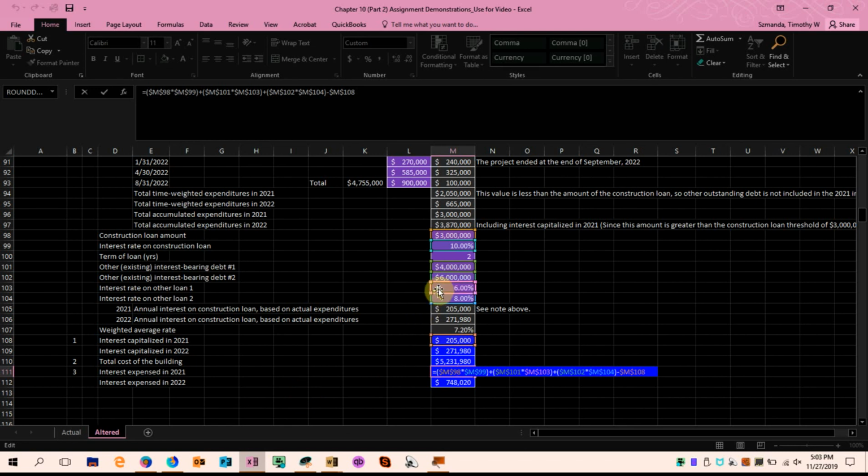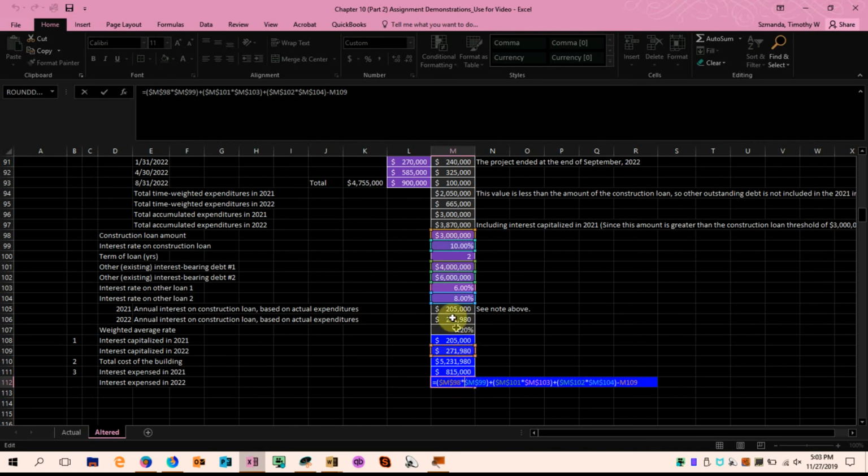Once we apply the annual rates times the amounts in all 3 loans, just deduct the amount that was capitalized in year 1, in 2021. And that'll give you the amount that hit the income statement that year for interest expense, $815,000.